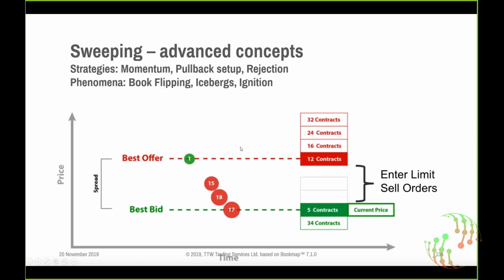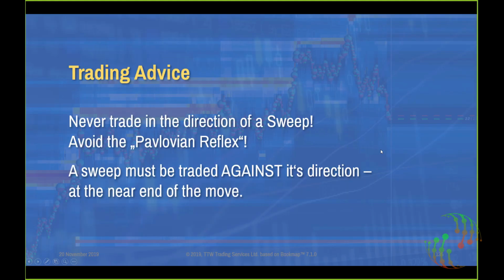The advanced concept, we will talk about that. So now, the point is what I would like to discuss with you every time we are going through this sweep and the strategies. You know, we have a Pavlovian reflex, a kind of conditional behavior. So sometimes we are used to jumping on the train or on the move because something happens.